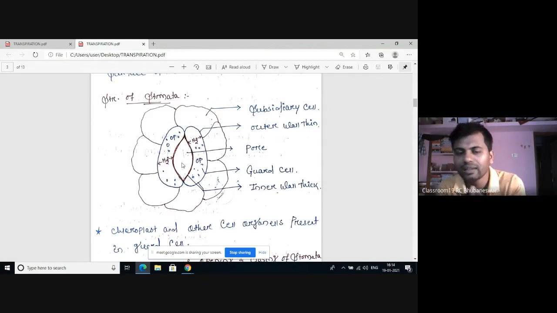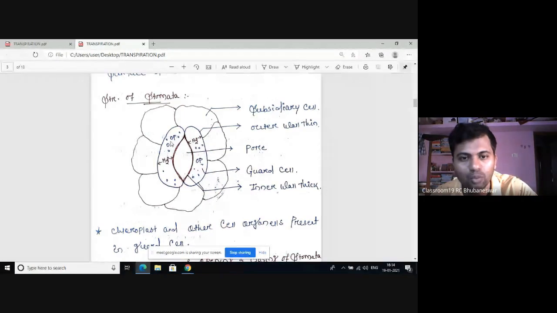Suppose it is a closed stomata, where the two inner walls are joined. For the stomata to open, the OP of the guard cells should be more than the OP of the subsidiary cells.